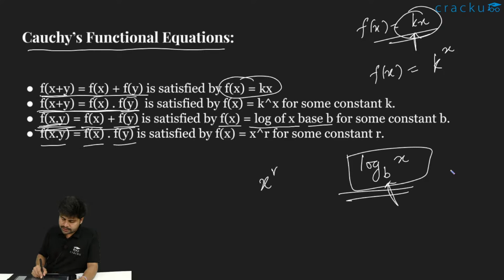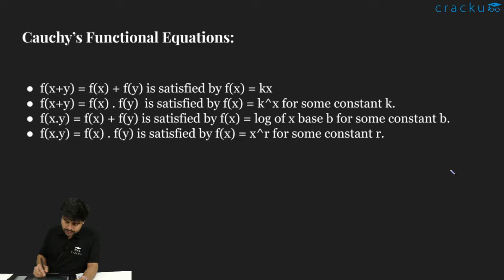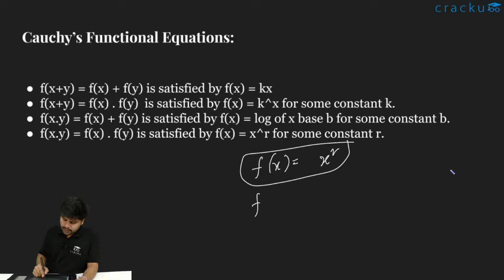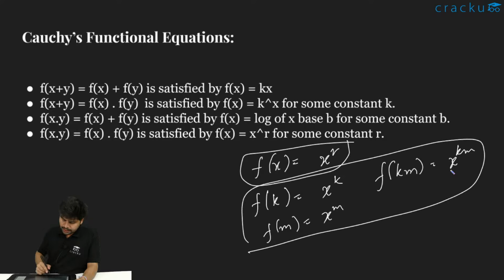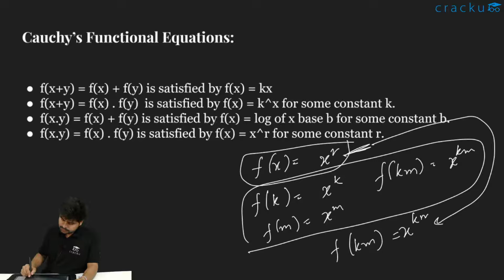This is satisfied by x raised to r. If you consider, for example, f(x) = x^r, then f(k) will be k^r, f(m) will be m^r, so f(km) will be equal to (km)^r.